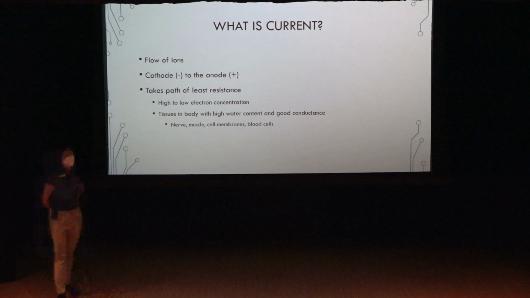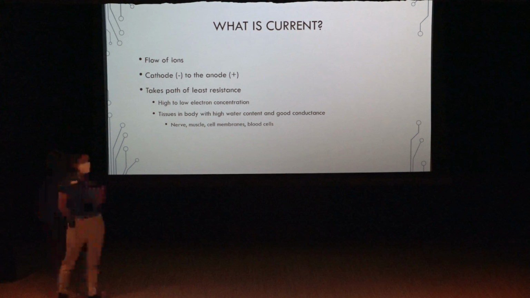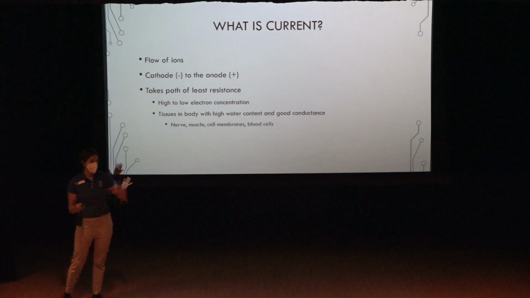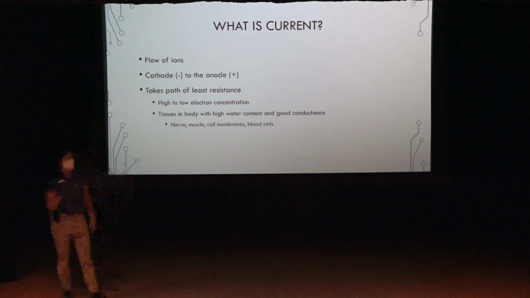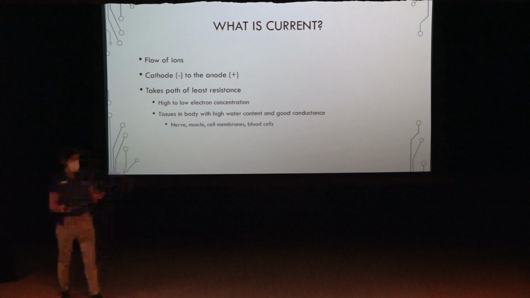Okay, what is current? So to understand current, you have to understand that electricity is a force. It's a force caused by a difference in charge, basically. So you have to have a difference. You have to have an area of cathode, which is a negative pole, and you have to have an anode, which is a positive pole. So current flows from levels of high concentration to low concentration.